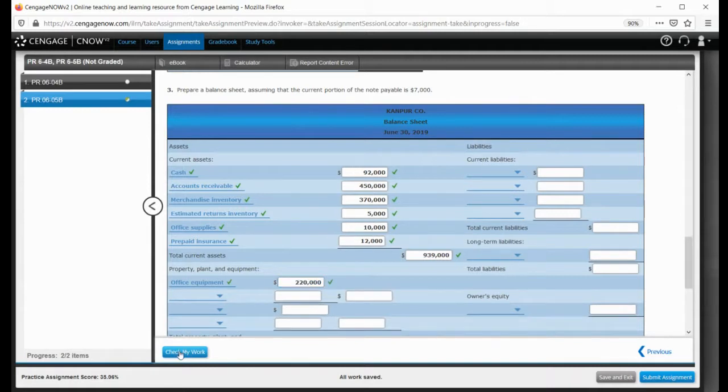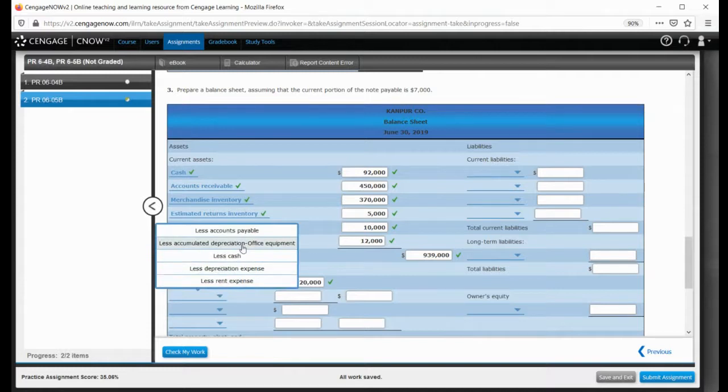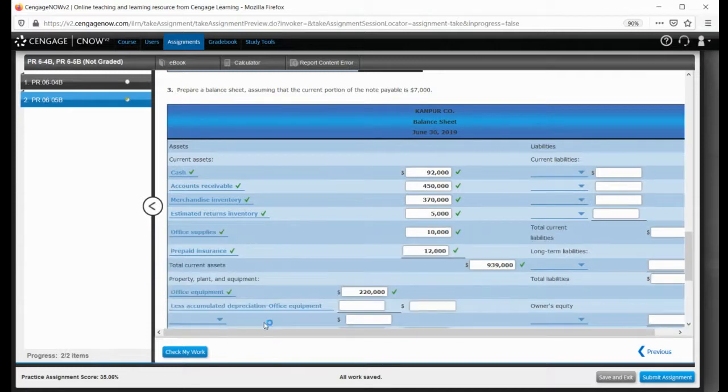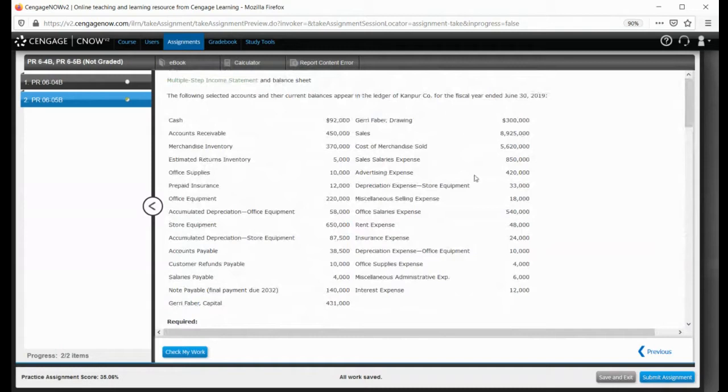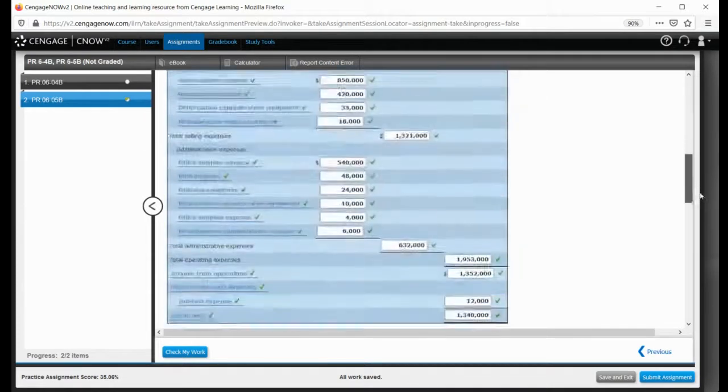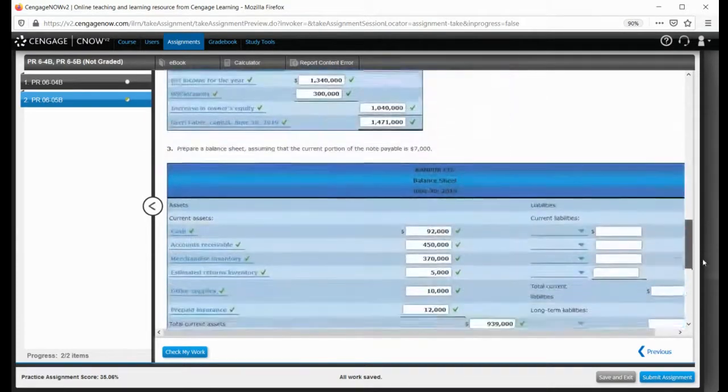Because office equipment is a depreciable asset, what goes right underneath the office equipment account is the accumulated depreciation that is related to this office equipment account. The accumulated depreciation on the office equipment was $58,000 at the end of the year.